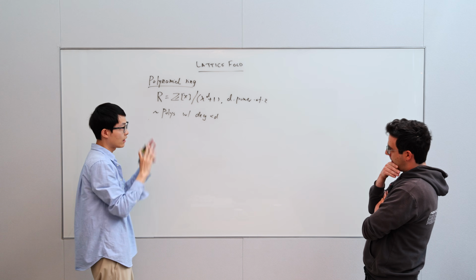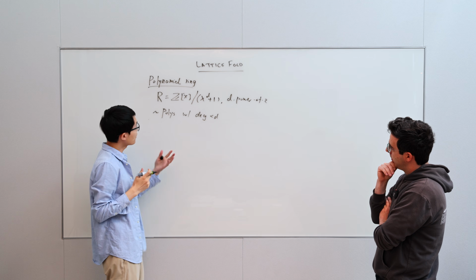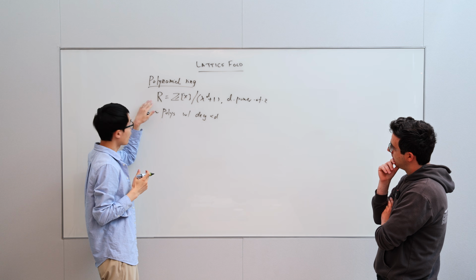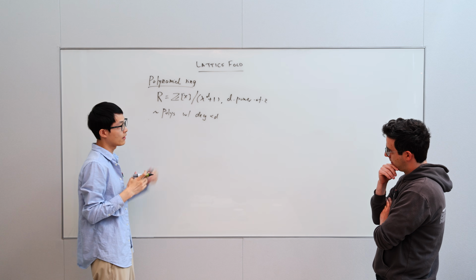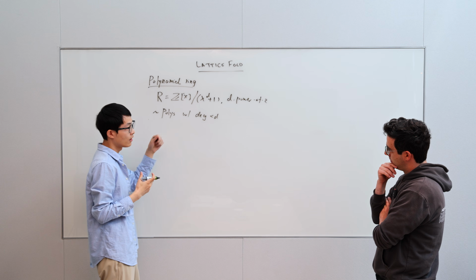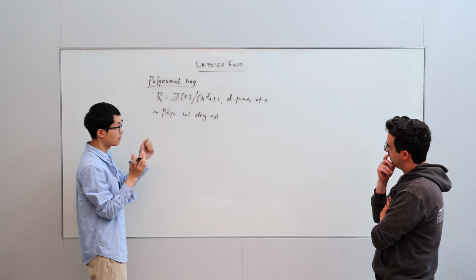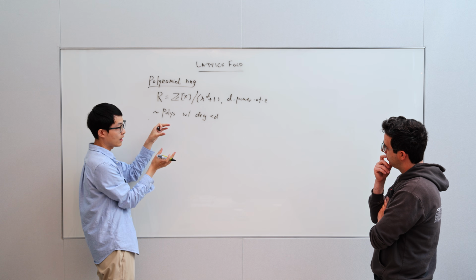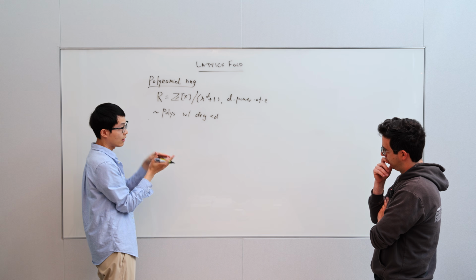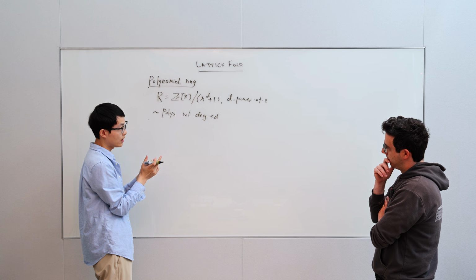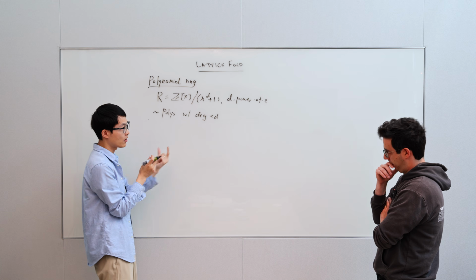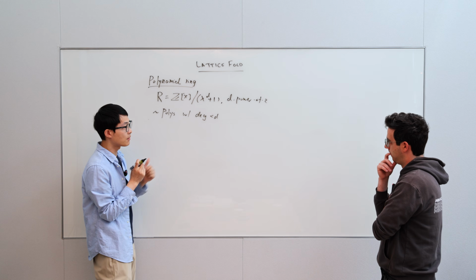So this is an infinite set. But the nice thing here is that this is also a ring, because we can define arithmetic over the set. For example, if you want to do addition, you have two polynomials of degree less than d. You can add them up to get a new polynomial of degree less than d by just adding the corresponding coefficients of every degree. So that is the simple one.